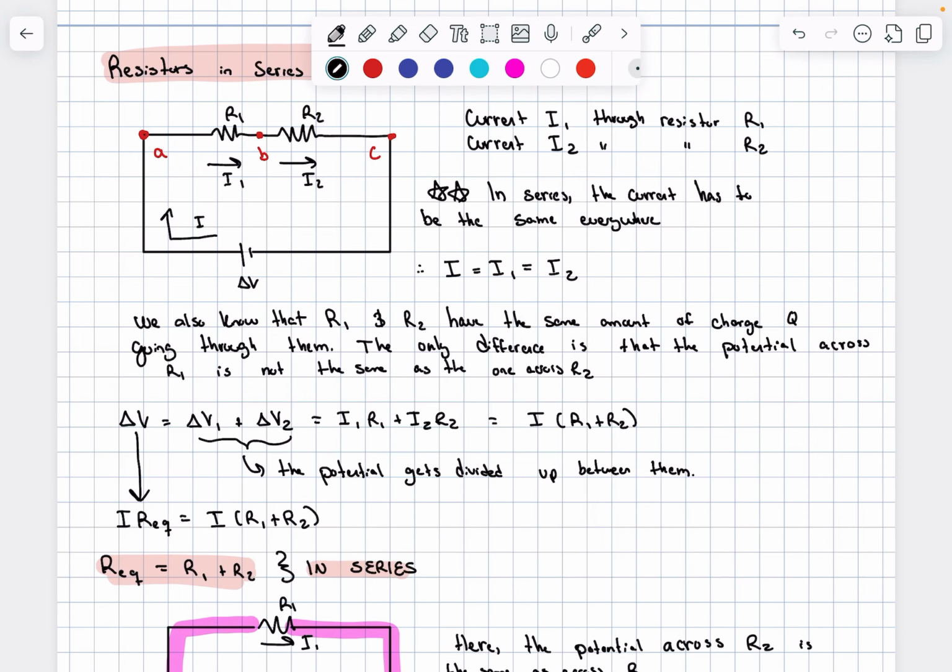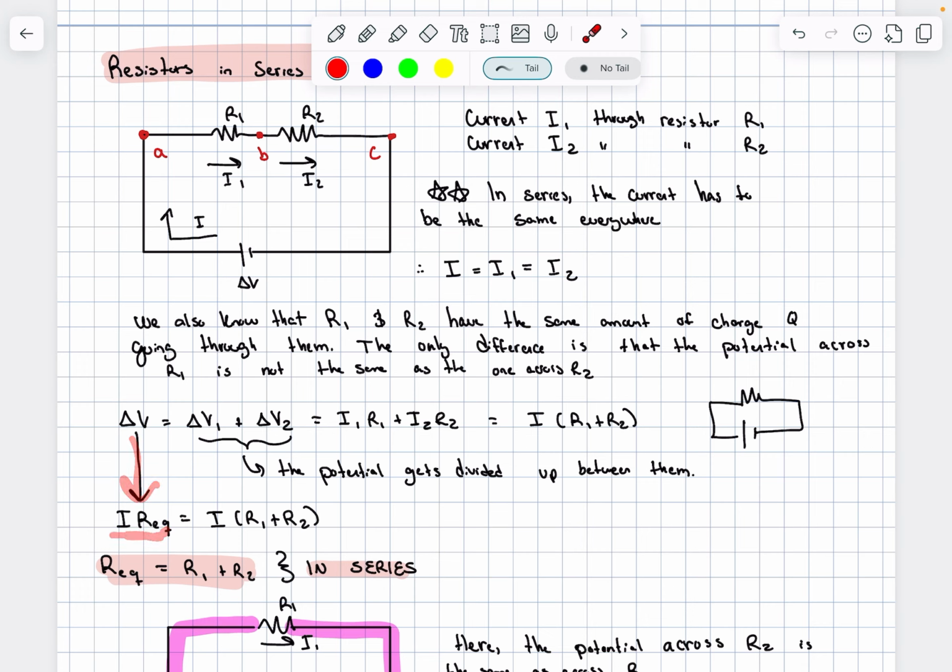Essentially what we've done here is reduce this down to one equivalent resistor here. And we said that, well, we know that the potential difference here is equal to the potential difference here. If we write that out, we have delta V1 is I1 R1, delta V2 is I2 R2. We know that the currents are the same. I take that out, I times R1 plus R2. So here we know that this is I R equivalent.